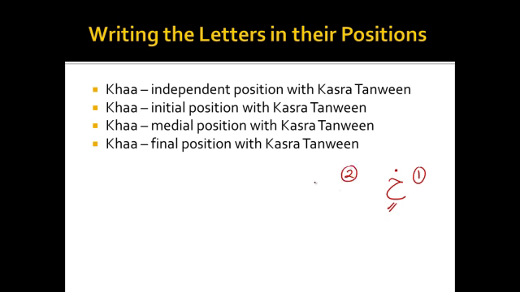Number 2, we have here the kha in the initial position. Like this. And again, if we're going to write the tanween here, you write it like this. And it would be khin. In the medial position, khin.